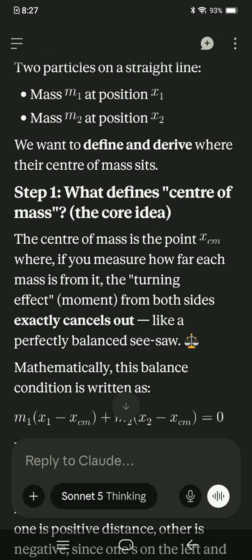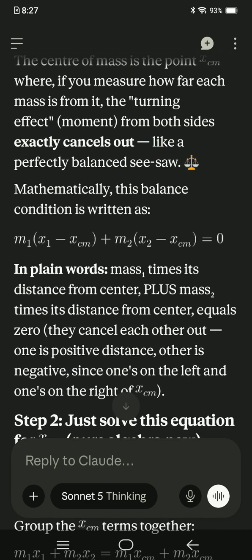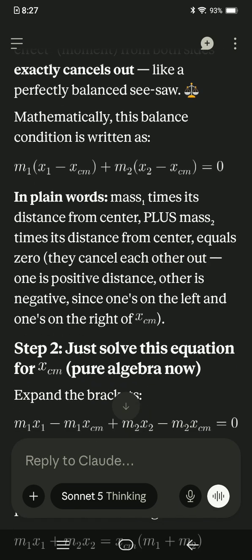Mathematically, this balance condition is written as this. In plain words, mass 1 times its distance from the center plus mass 2 times its distance from the center equals 0. They cancel each other out.